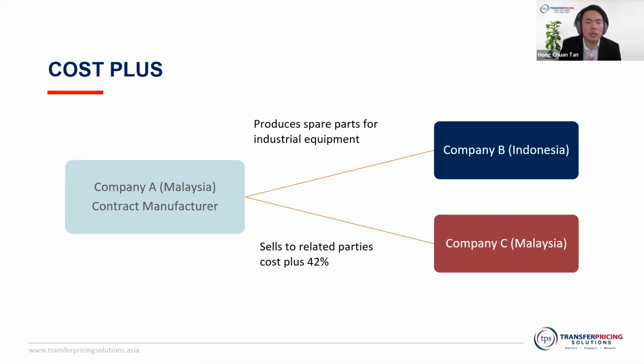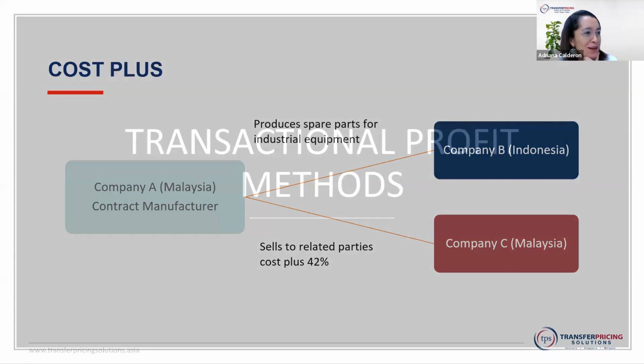So that's the challenge that a lot of jurisdictions would have when using an external cost plus. Yeah, and I guess the same rationale applies if I'm dividing the markup between the two; strictly speaking, it is not a profit split. Yeah, which we will talk about in the following slides as well.